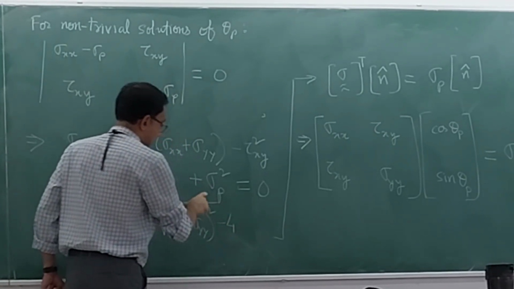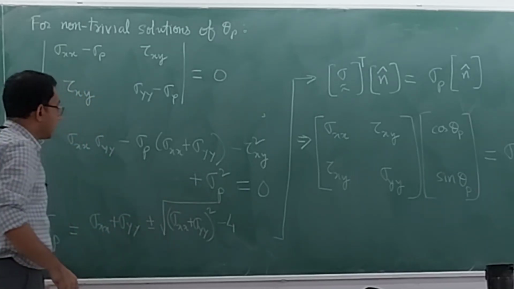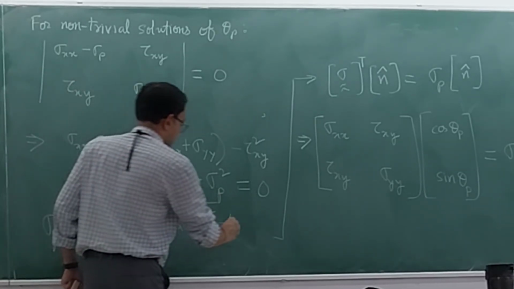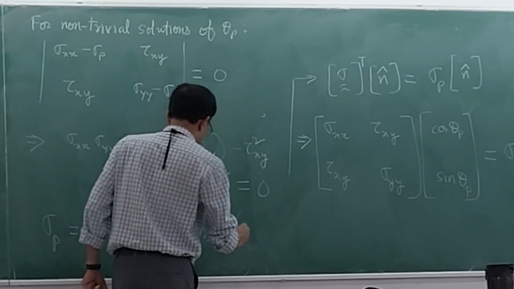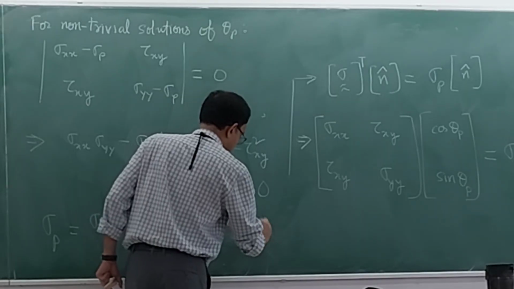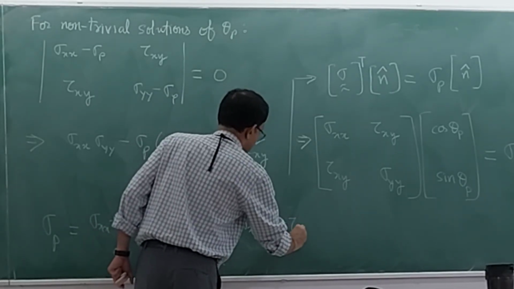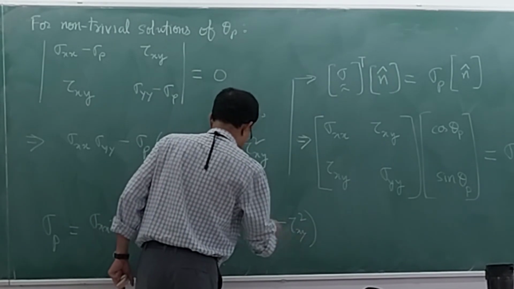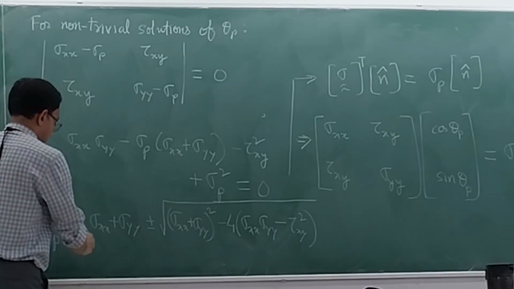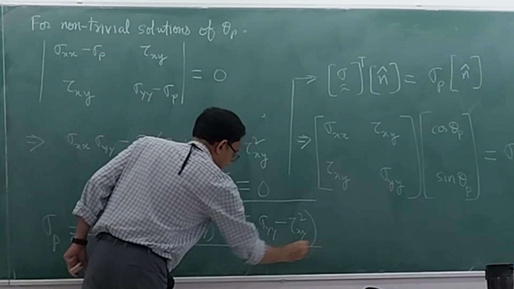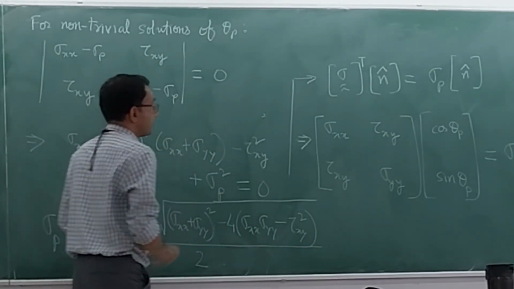Here a is 1, and c is the entire thing, sigma xx sigma yy minus tau xy square, divided by twice a, which is just 2.